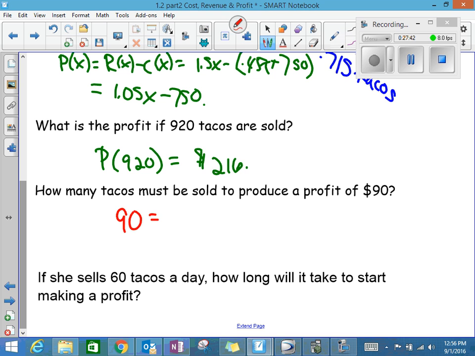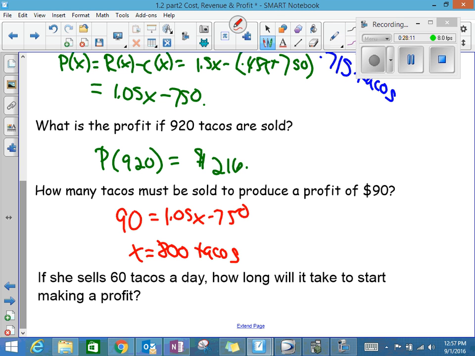So we say 90 equals 1.05x minus 750, and solve for x, and what did you get? 800 flat? Yeah. Okay. So to make $90, she has to sell 800 tacos. And then when she sells 920 tacos, the profit is up to $260.